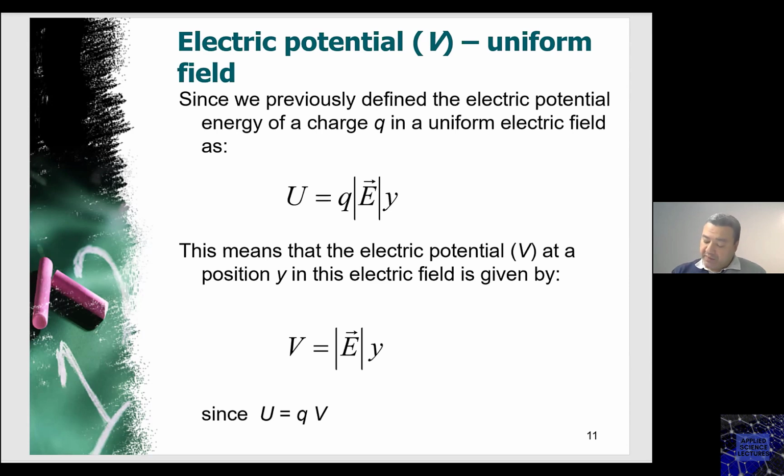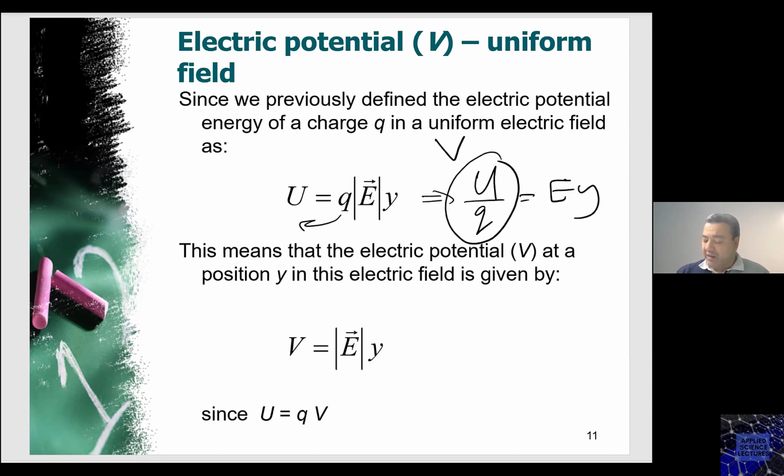So as I said, the electric potential energy equals QEY, and the electric potential is related to the charge. If I move Q to the other side, I get U divided by Q equals EY, and this is the electric potential.